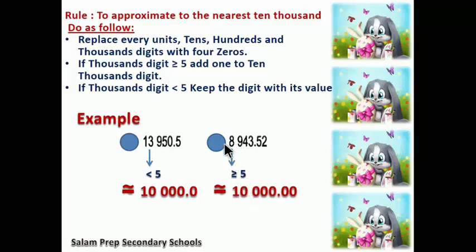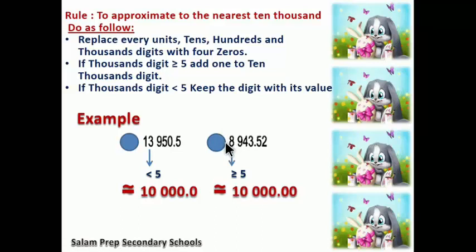Now go to the 10,000s place. Before the 10,000s place is the thousands place. Digit 8 in the thousands place is greater than 5. We will add 1 to the 10,000s digit.